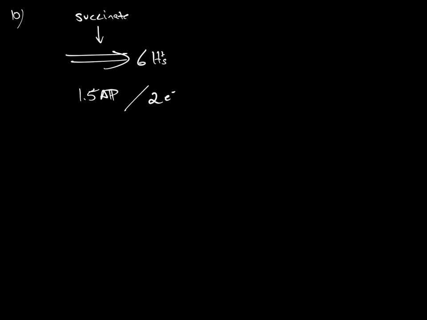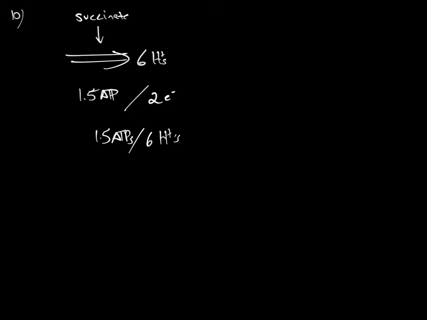Now, the way these two correlate is that succinate actually goes to a specific complex that you will learn about in the electron transport chain, and each FADH2 will essentially give 2 electrons, and so basically 2 electrons will be equivalent to 6 protons. So essentially I can make the leap and say that 1.5 ATPs will be made per 6 protons.